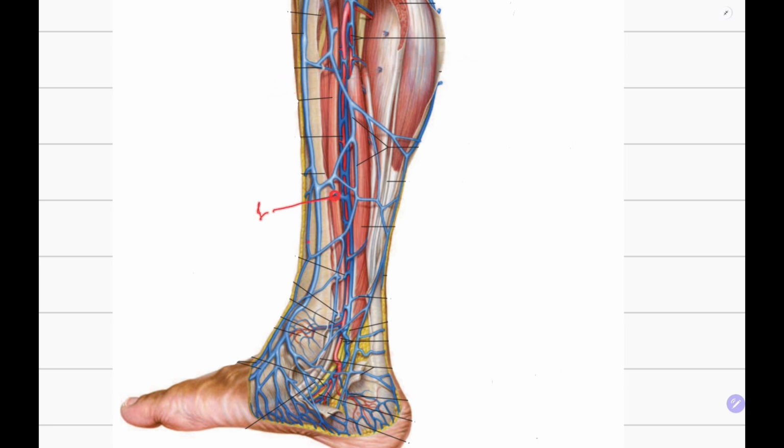This is the first one, right here is the second one, and this is the third one. All three together are called the perforators of Cockett. In this diagram you can't see the adductor canal perforator or the knee perforator, but you can Google them and visualize them easily.